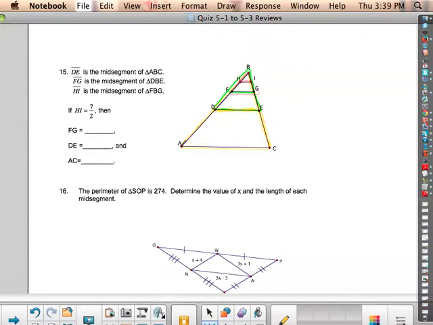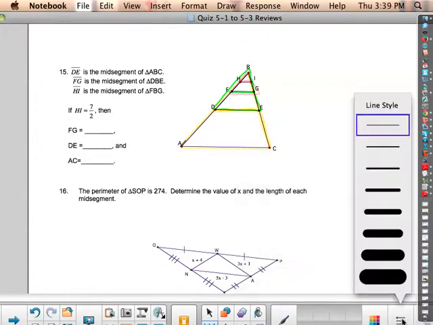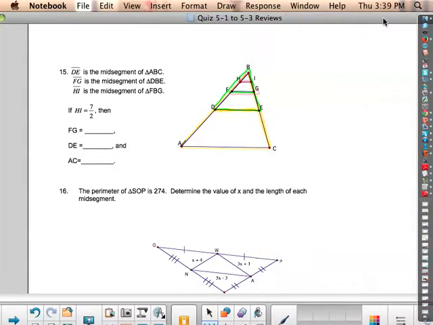Okay, so we're going to start with the fact that HI is 7/2. HI is the mid-segment of triangle FBG, therefore it is half the length of FG, so FG is equal to 2 times 7/2, which is 7.